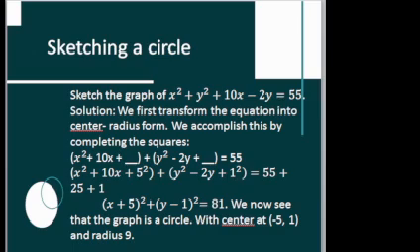And after that, we have to make a factor of that complete squares. Since that is a perfect square trinomial, the x squared plus 10x plus 25 is a perfect square trinomial. So with y squared minus 2y plus 1 squared is also a perfect square trinomial.